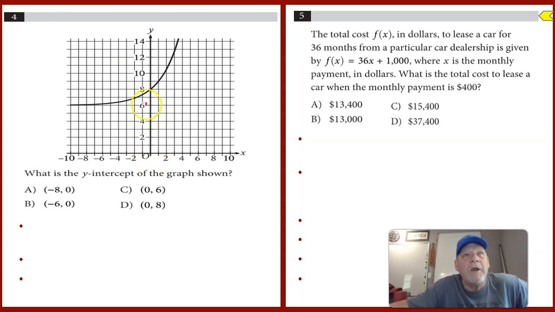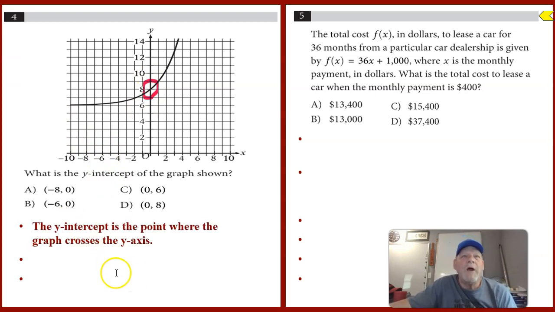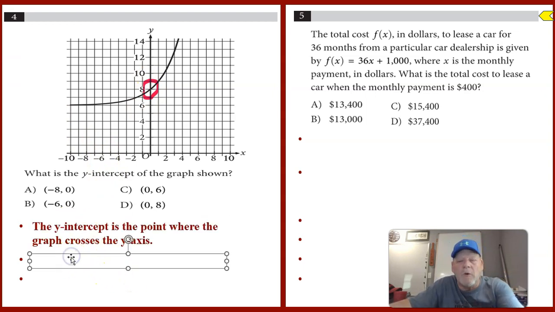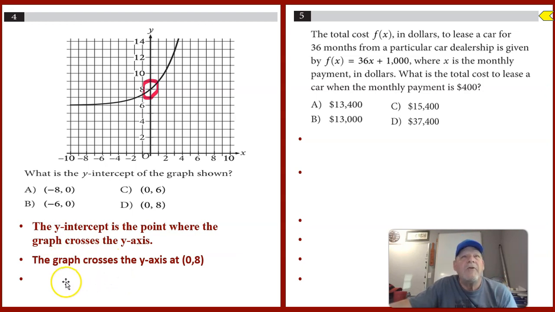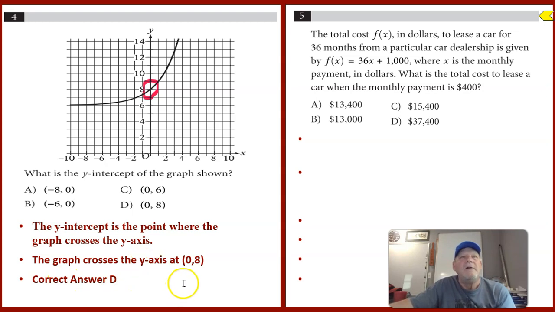It's the point where the graph crosses the y-axis, which would be this point right here. It crosses at the point (0, 8). So that would be correct answer D.